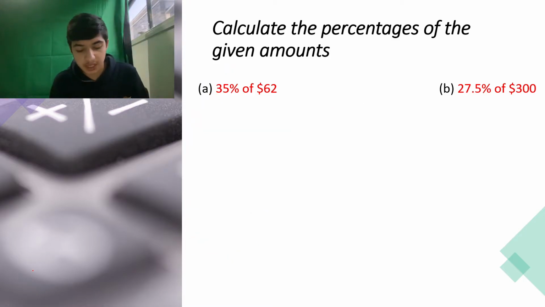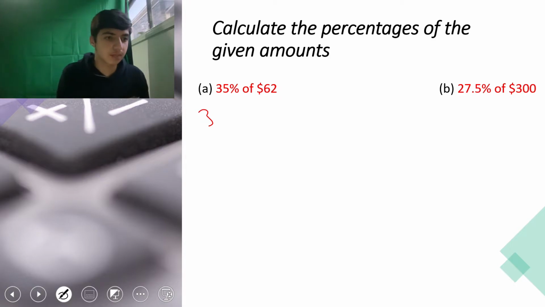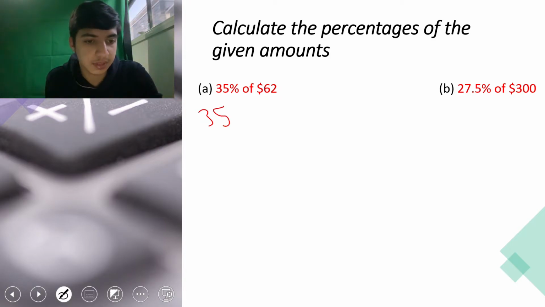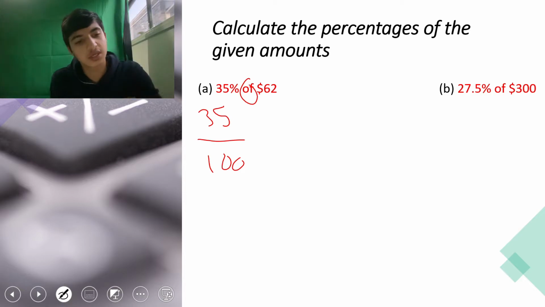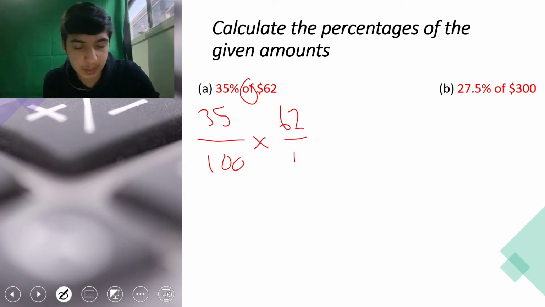Now the other way, sorry about that. The other way is with fractions. Since the percentage max is 100, for a percentage of 35% you do 35 over 100, with 'of' meaning times, so 35% times 62, and make 62 a fraction so it's easier, by putting it over 1.